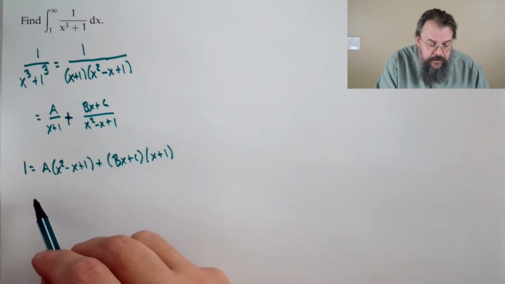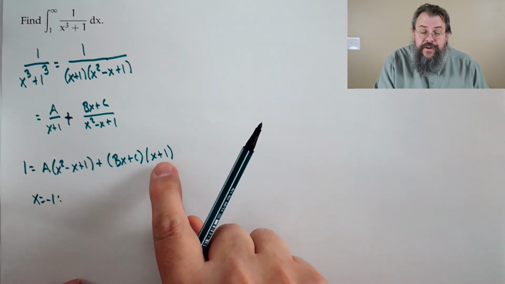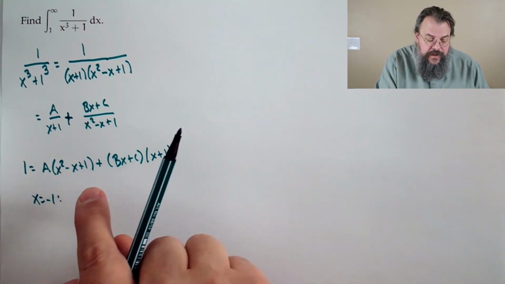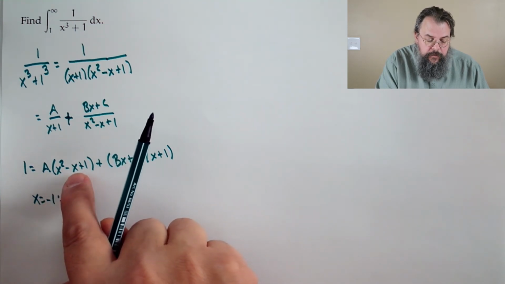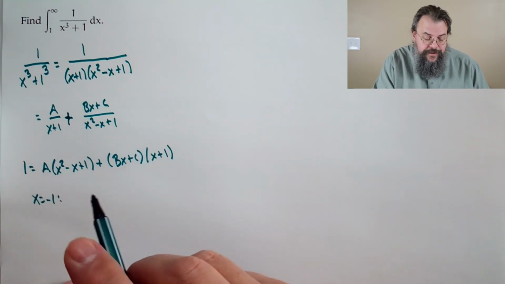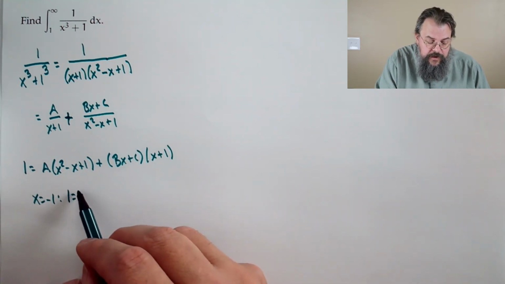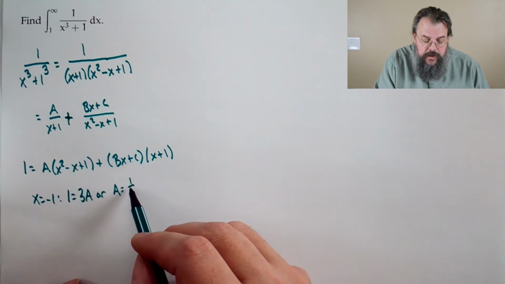If we choose x equals -1, what do we see? Well, the last term goes away, 0. Minus 1 squared is 1. Minus 1, 1. And 1 is 1. So you get 1 is equal to 3a. Or a is 1/3.